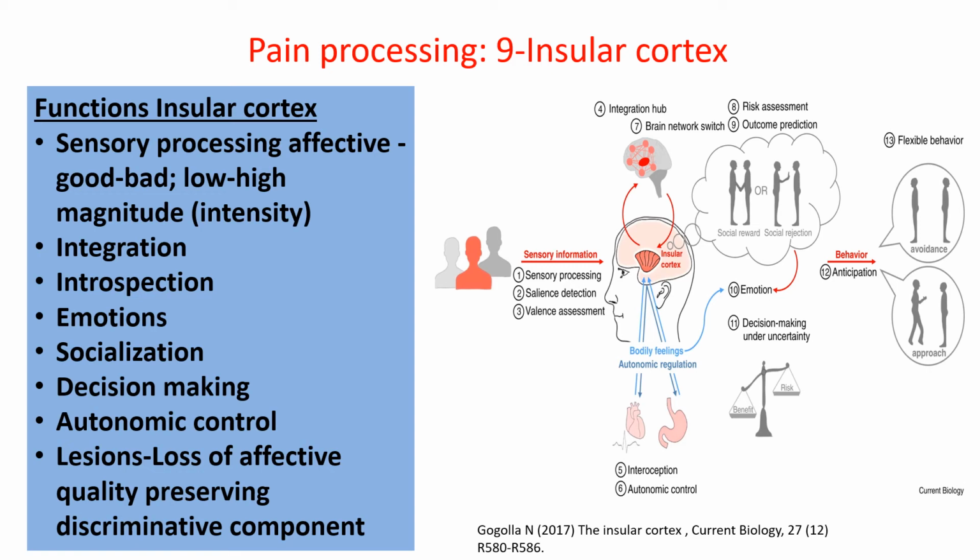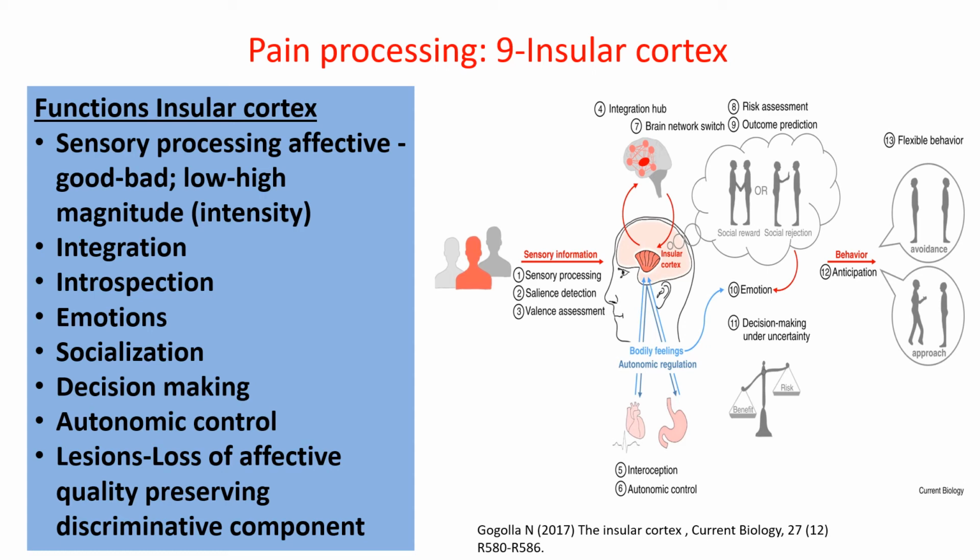And it integrates the other sensory modalities to the pain. And it evolves an introspective aspect regarding pain. So that means the person starts worrying about pain, or he stops worrying about the pain. And the expressions of it will excite the emotions. In turn, these emotions are exteriorized through the cingulate cortex.